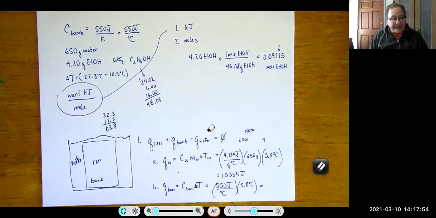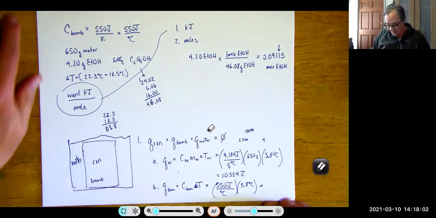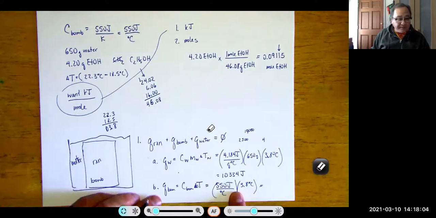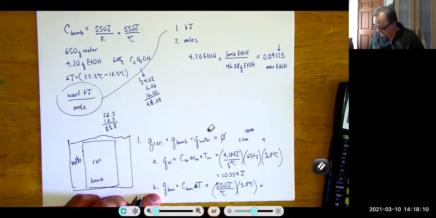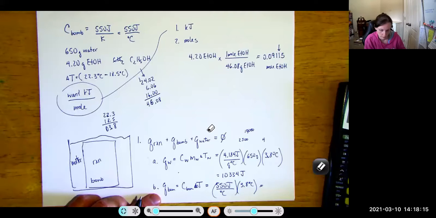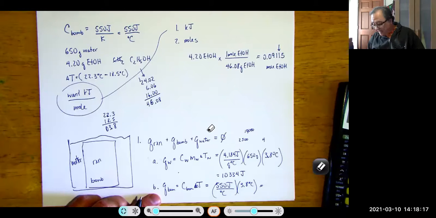So this specific heat takes into account this particular bomb, and we don't need the mass. Okay, so here I think it's 500 times 4, which is 2,000. And I get 2,000.